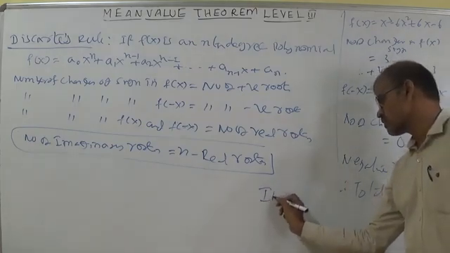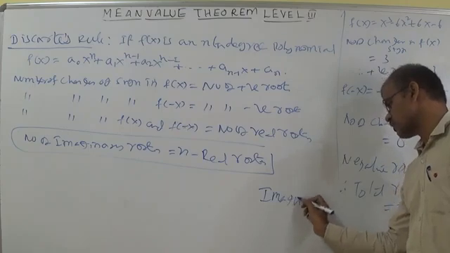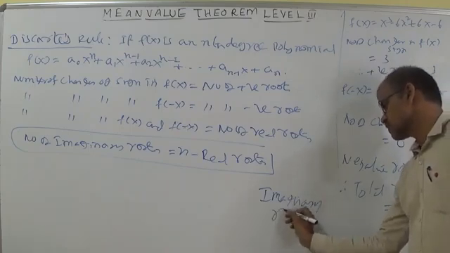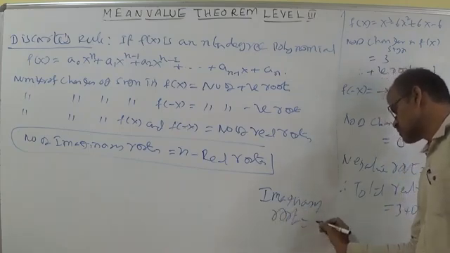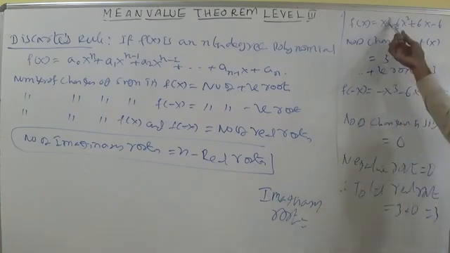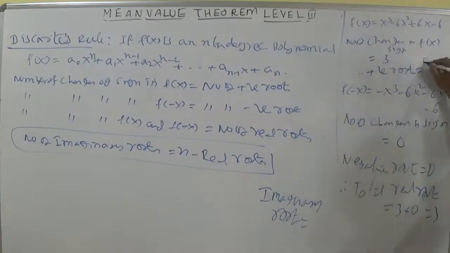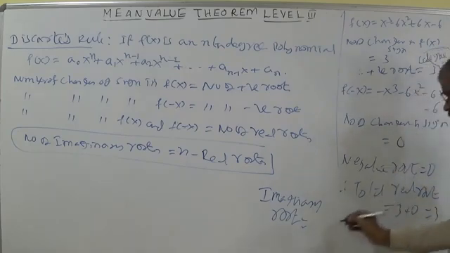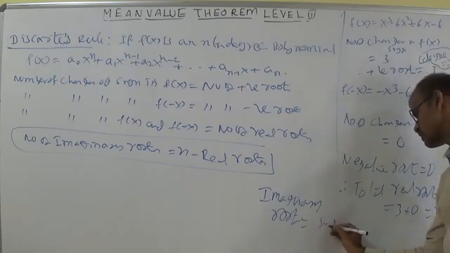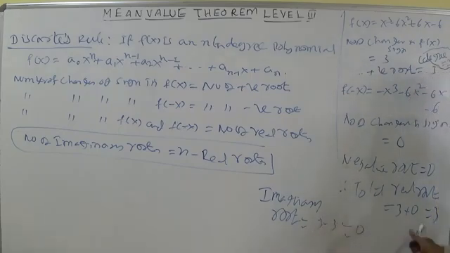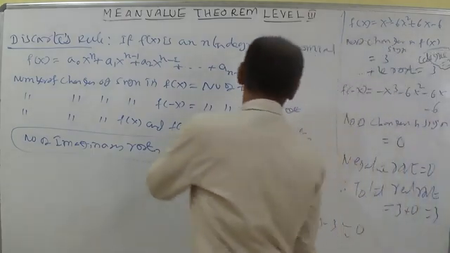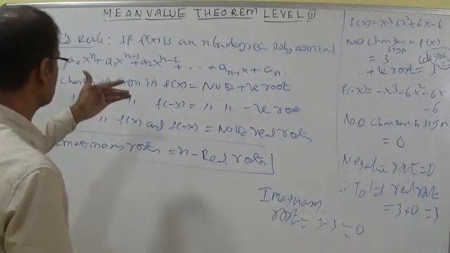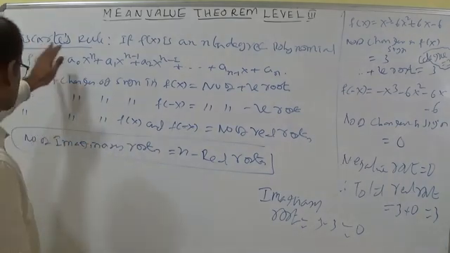Now about imaginary or complex roots: the degree of the polynomial, the highest index, is 3. Now you can write 3 minus 3, because 3 are real roots. 3 minus 3 equals 0, so the imaginary roots are 0. This small example depends upon Rene Descartes' rule.